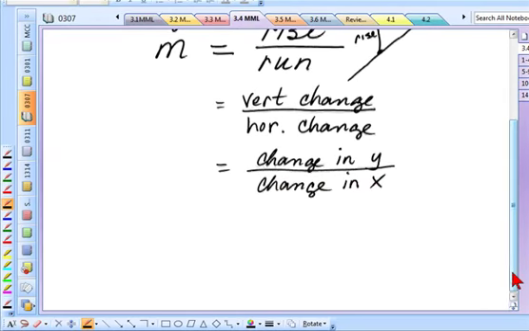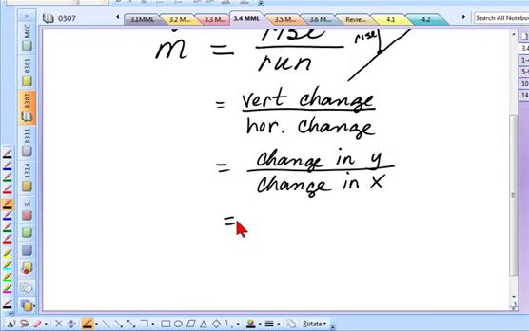Now you want to be careful. With an ordered pair, with a point, it is always in the order x, comma, y. And we think about the fact that x has to come first in an ordered pair. In slope, the numerator is the y and the denominator is the x. So the y over the x.